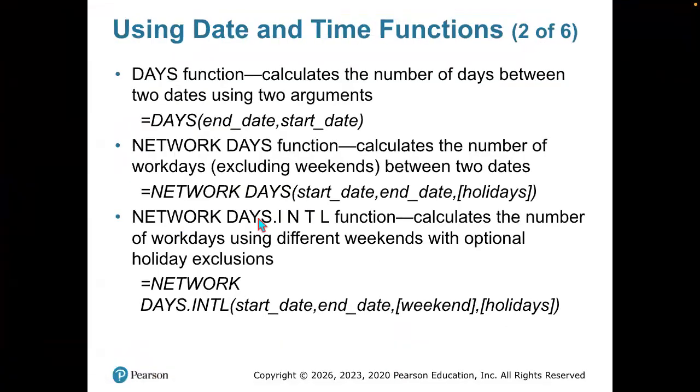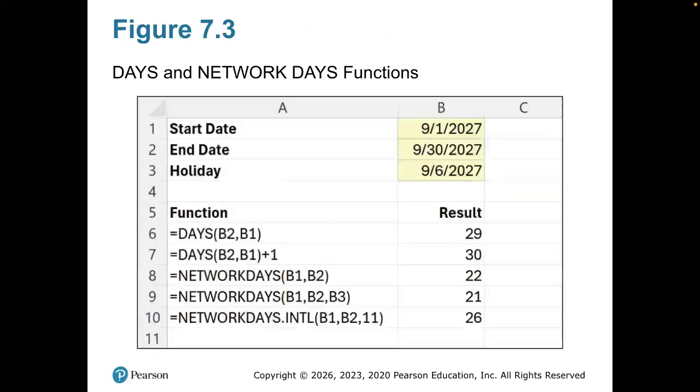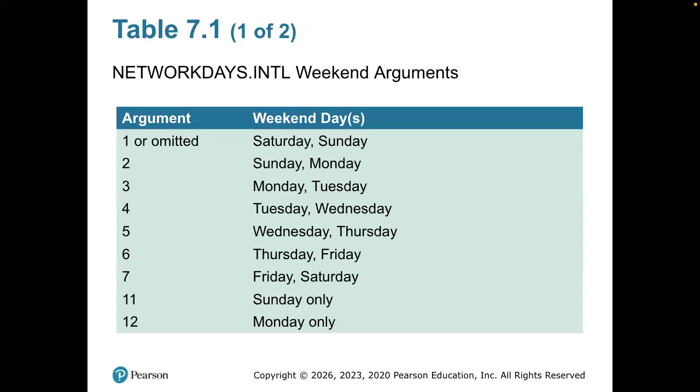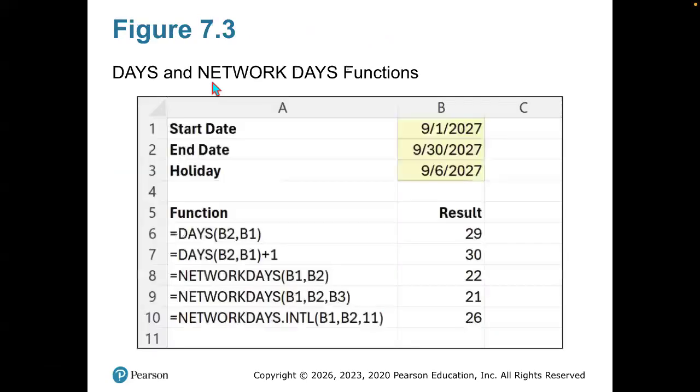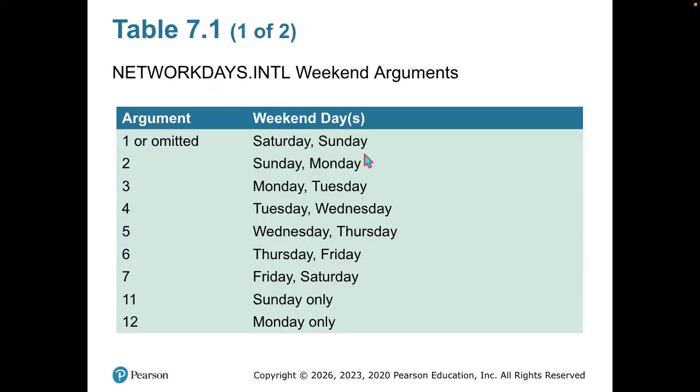So if we take a look, we can essentially calculate how many days excluding weekends, or if we want, we can actually hard code it a little bit more. For instance, let's say I don't want to include Saturday and Sunday.